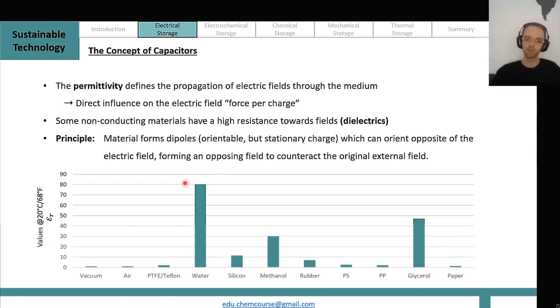Notably, water takes a very interesting place here, because water is also a dipole. In water, the oxygen likes to attract electrons much more to itself. So the two hydrogens on the side have a partially positive charge and the oxygen a partially negative charge. By this, the water molecule is able to orient and therefore resist an external field.